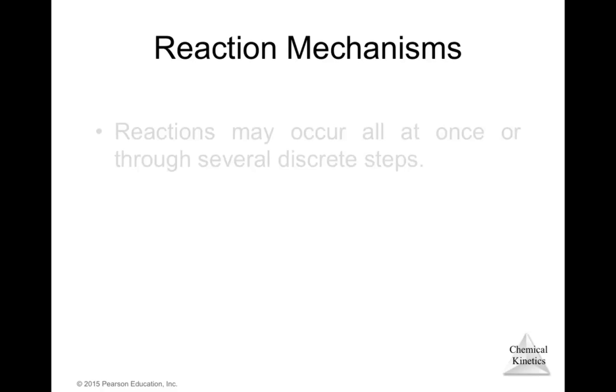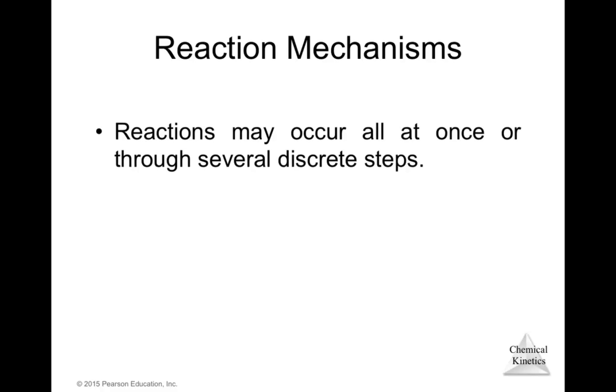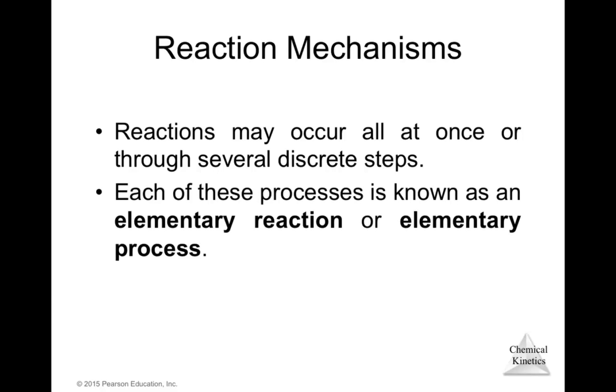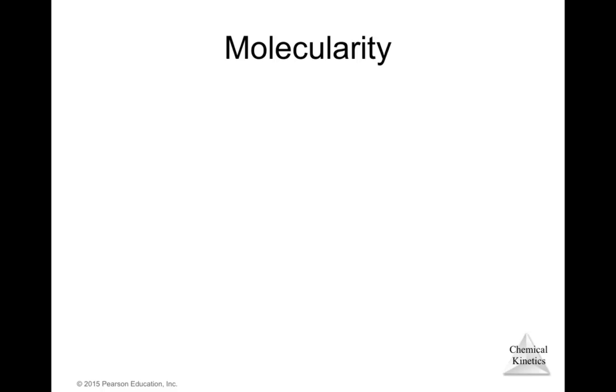So, reaction mechanism. Reactions may occur all at once or through several discrete steps. Each of these processes is known as an elementary reaction or elementary process. So each step of the whole process is called an elementary reaction or elementary process.